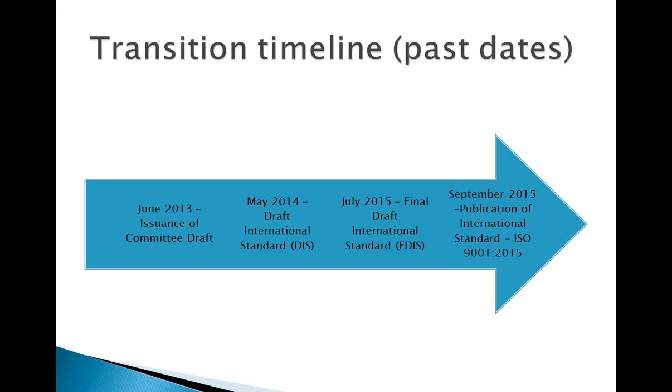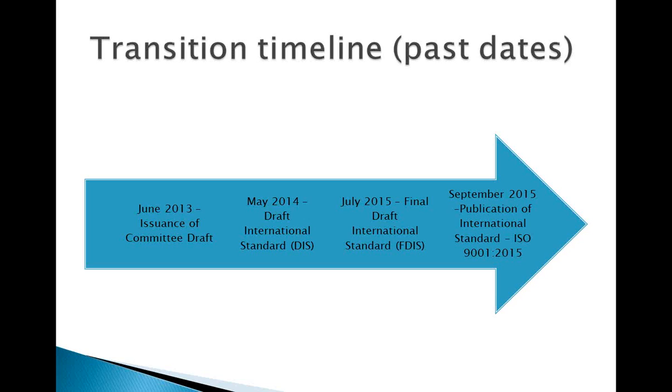That document had a fairly limited distribution, and it was voted on, and what we had then in May of 2014 was a draft international standard. And this was actually a document, believe it or not, that you could have purchased at the time. And some companies did and actually began implementing systems based on that draft standard.